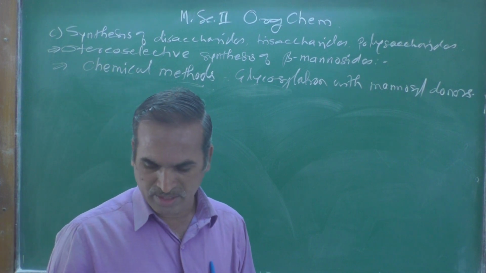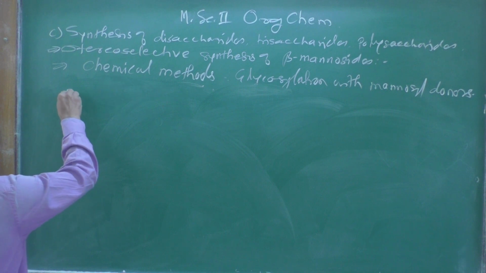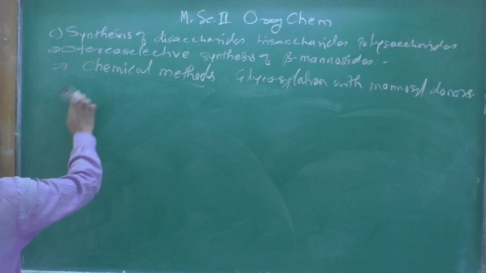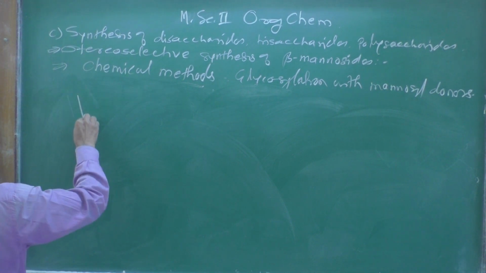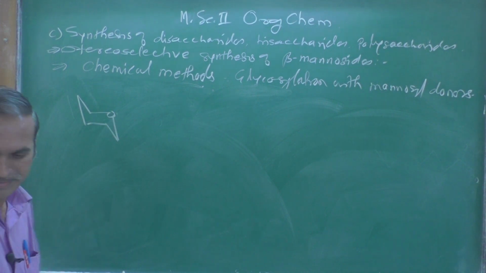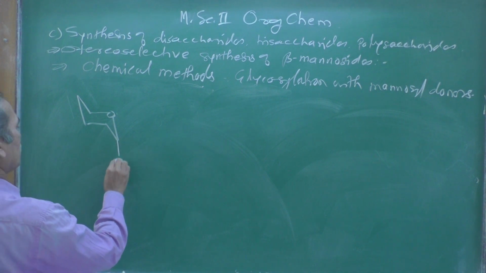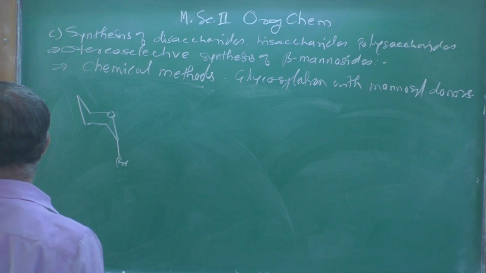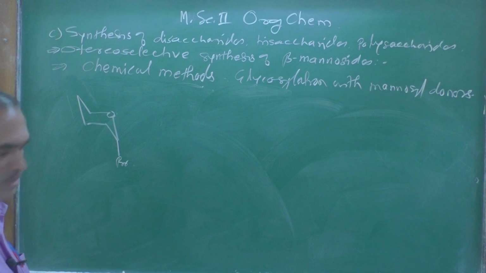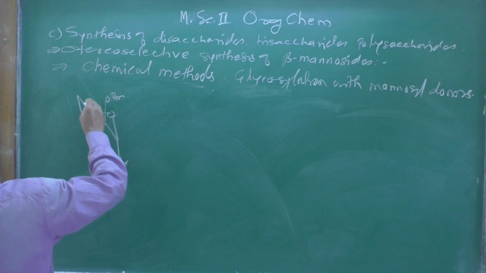Now let us see here, this is a structure number. Here the structure is this one. Now here also this is a glycosidic bromide, and this group is protected by benzyl.